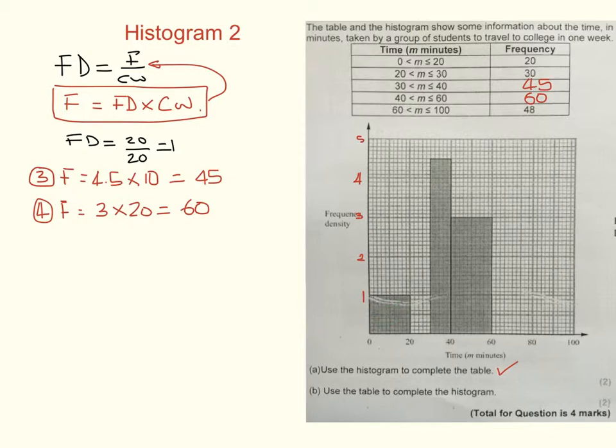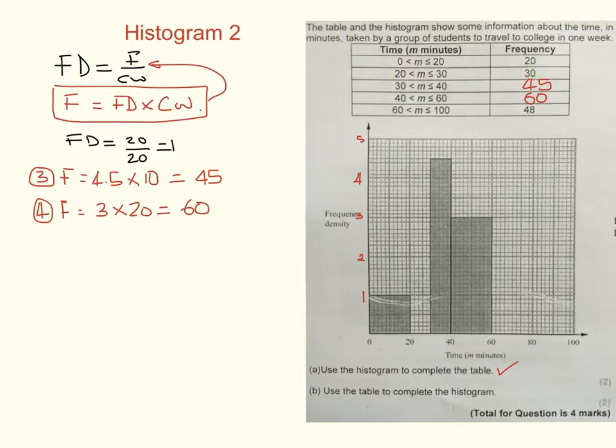All right. Now it says, use the table to complete the histogram. Well, when you look at the table, we've pretty much got this bar already, which is this first one, bar number 1. We haven't got bar number 2 because that goes between here from 20 to 30. Okay, so that one's missing, so we need to sort that one out.